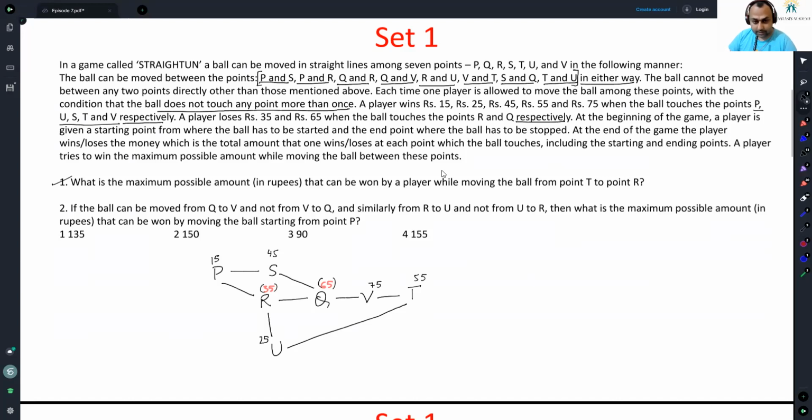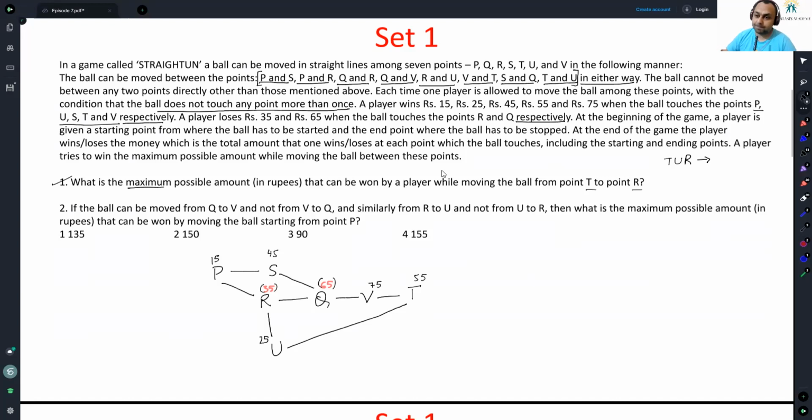From what I understand, if I'm trying to win the maximum amount, one path would be TUR. Which gives me a winning of 55 plus 25 is 80, minus 35.